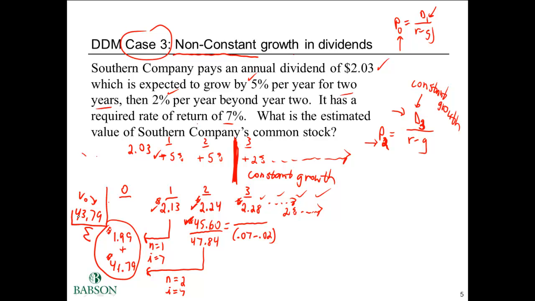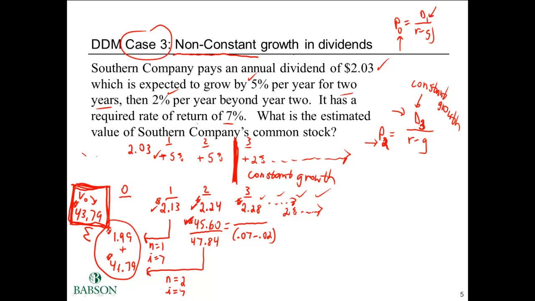So that is what we would value Southern Company's stock at if we assumed a growth rate of 5% for the next 2 years and 2% beyond. And that's about what Southern Company stock is selling for.